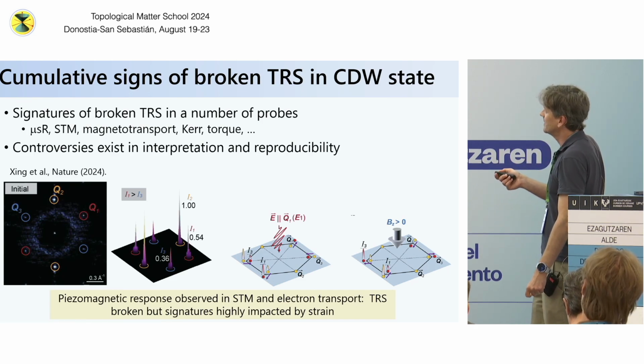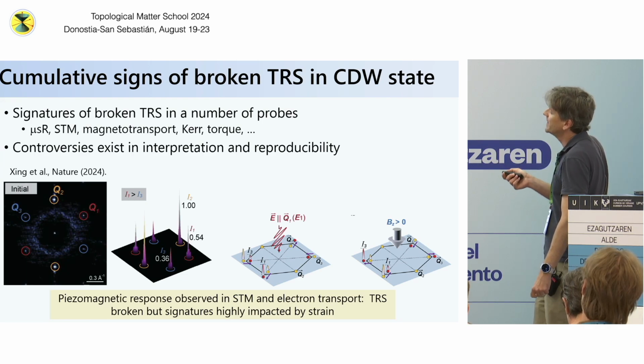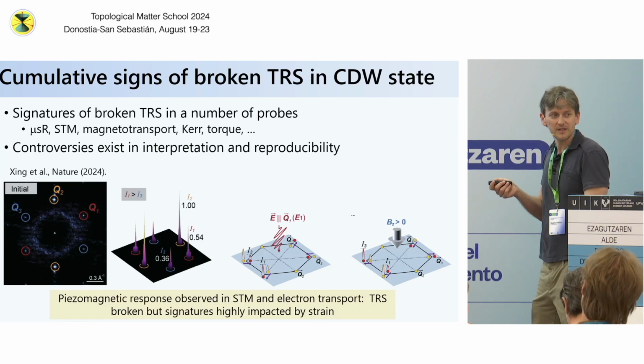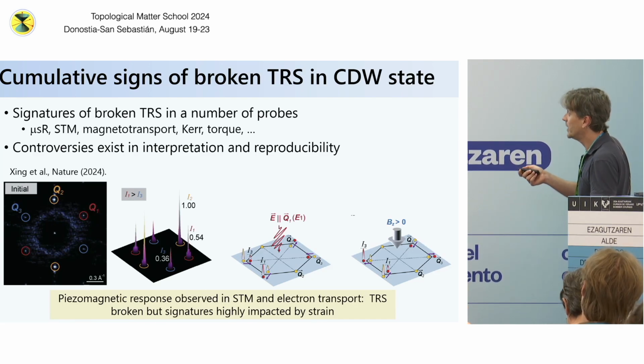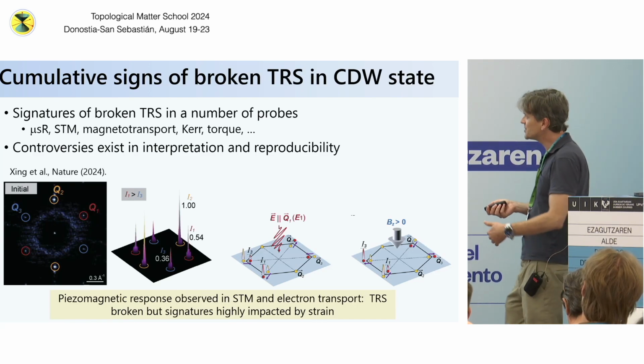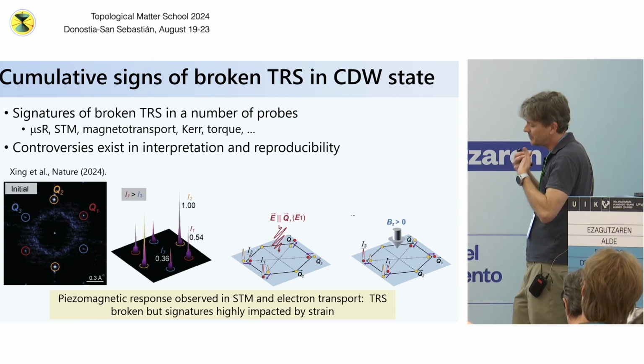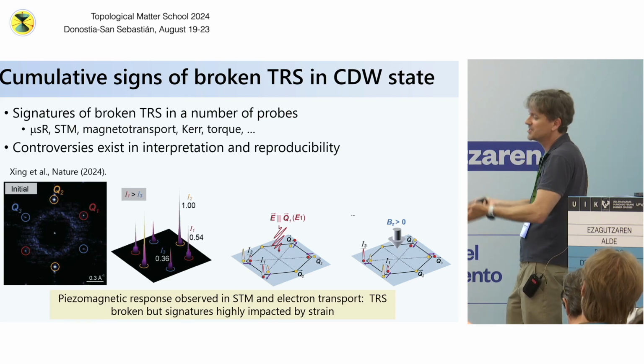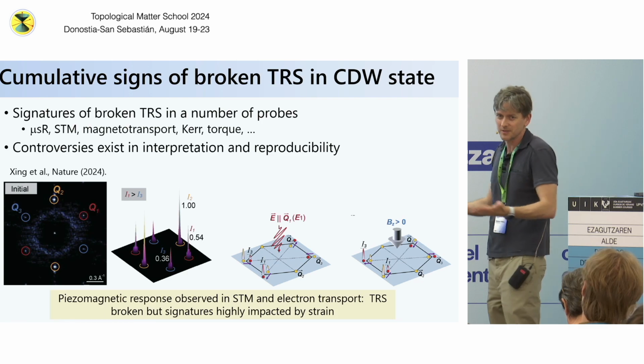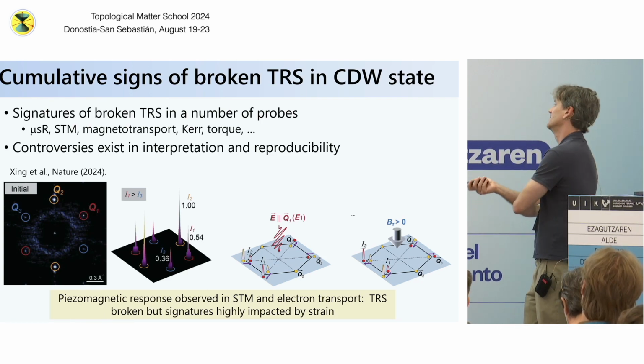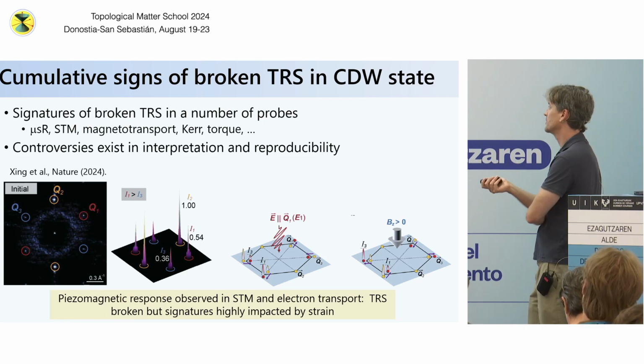But the oddity is that if you apply an out-of-plane magnetic field, you can switch the winding of the weights of these peaks, which at a very basic level means that the charge density wave state is somehow coupling to an external magnetic field, which would imply that time reversal symmetry is broken.